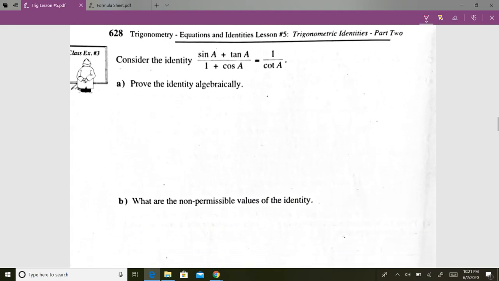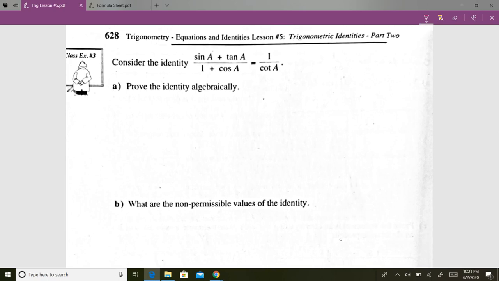Okay. Now, what about this one? Oh, excuse me. Which side is more complex? I'm hoping you said the left side. Actually, I'm going to erase that line because this one's a bit big. These can get big and complex, but if you follow the rules, you'll be okay. So we have sine A plus tan A over 1 plus cos A. I'm going to prove this.